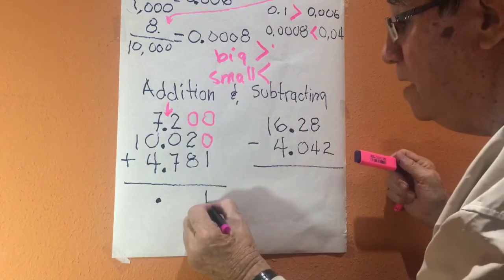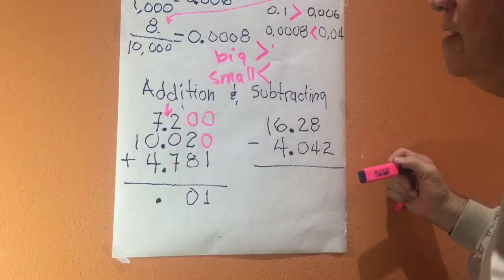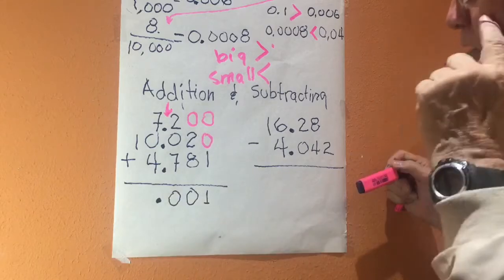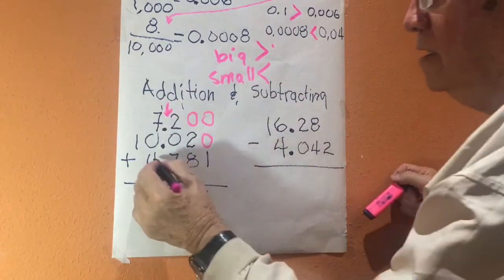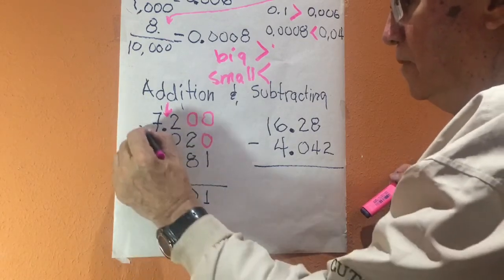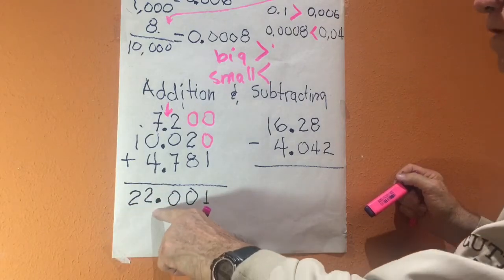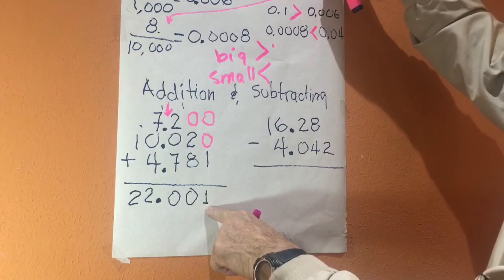Now this is 10, I take 1. This becomes 3 plus 7 is 10. I take 1, this becomes 8 plus 4 is 12. Well, it becomes 22.11 thousandths.